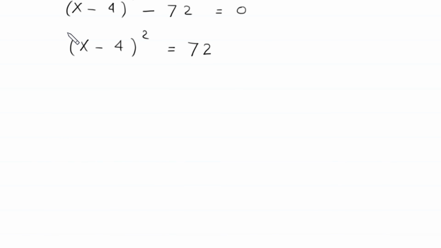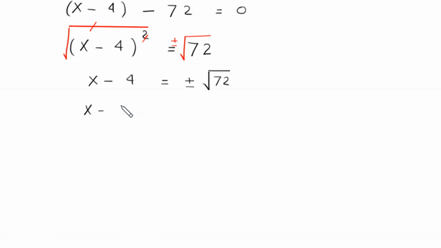And from here we take the square root of both sides. So this square will be cancelled out with this square root, and at left hand side we are left with x minus 4 is equal to plus or minus root 72. Next, x minus 4 is equal to plus or minus, this root 72 can be written as square root of 36 times 2.